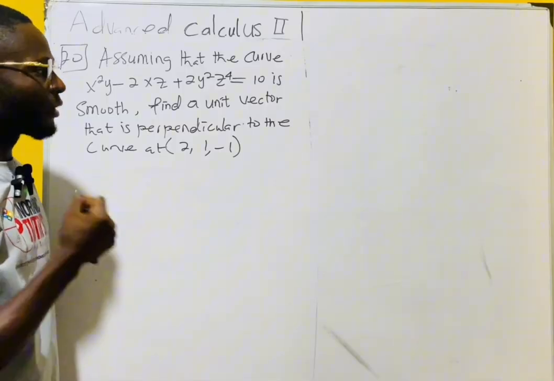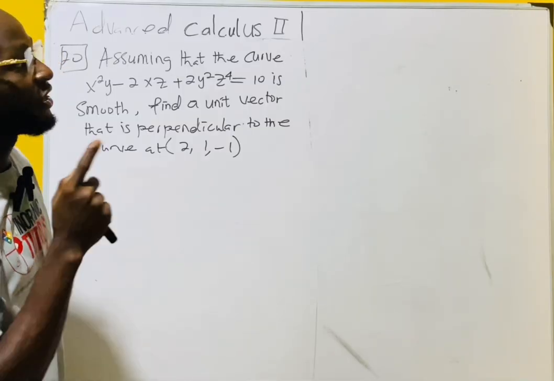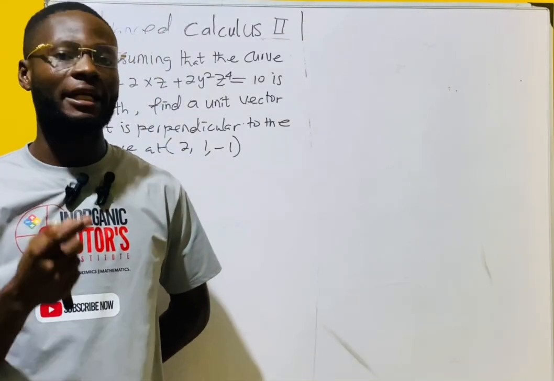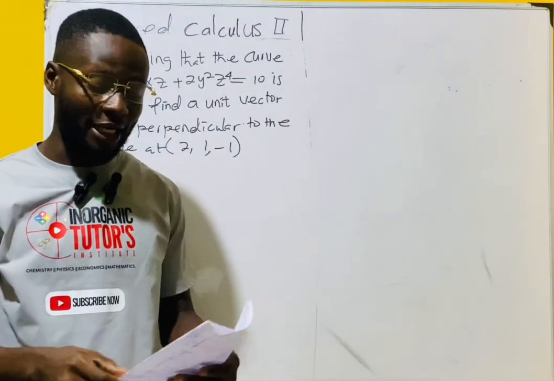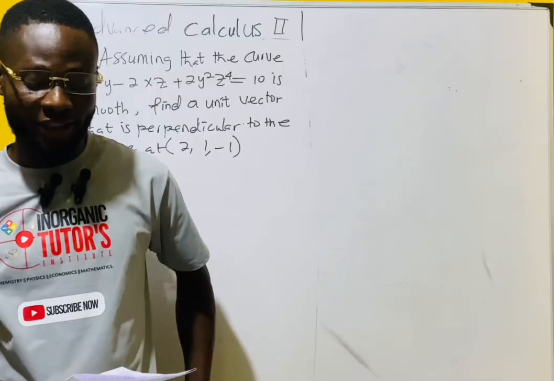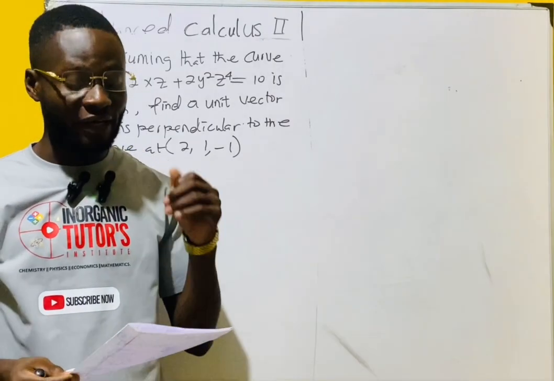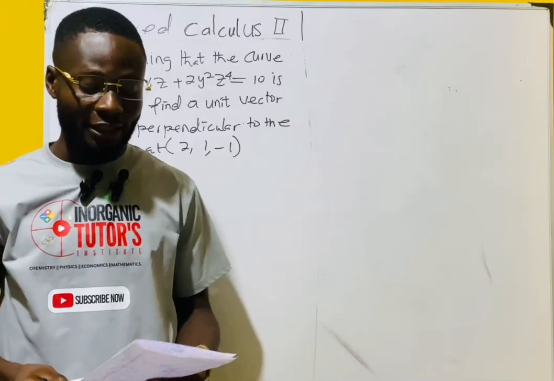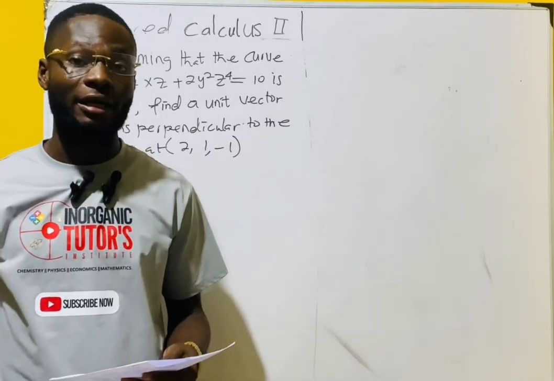Now, when you have a question of this form, first of all, find the gradient. After that, you normalize the vector and make it a unit vector.